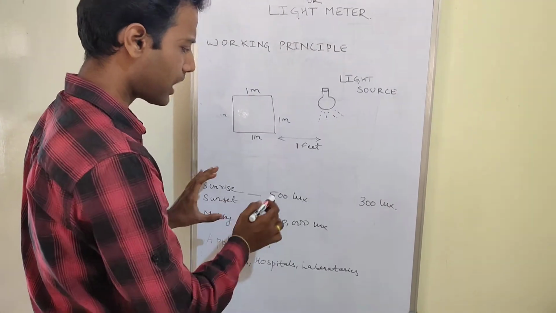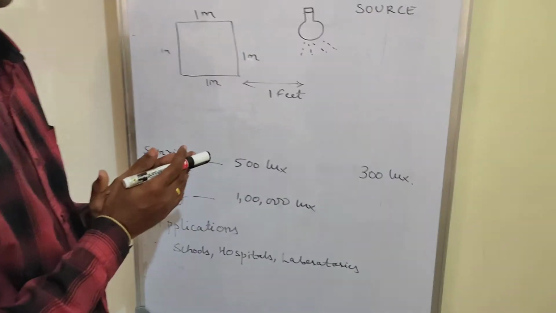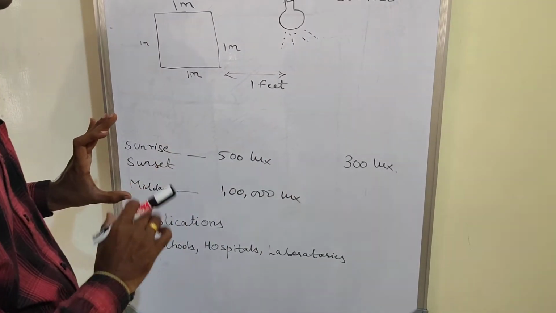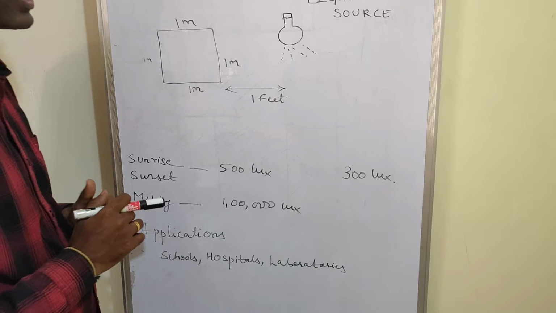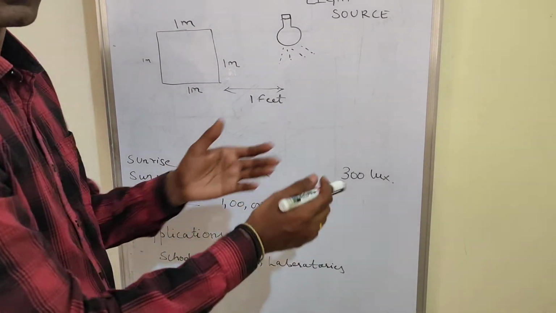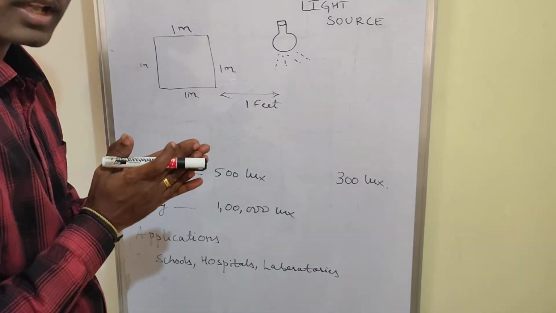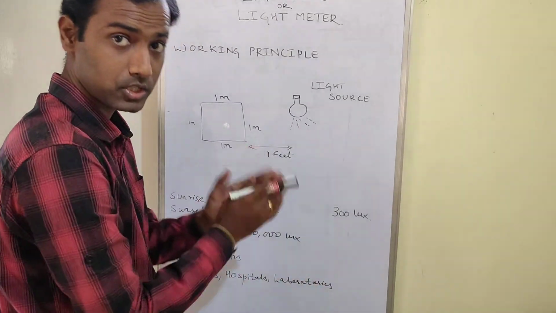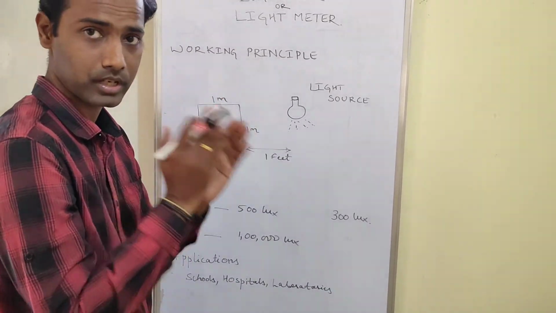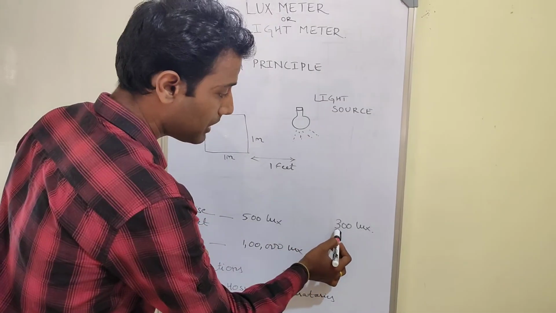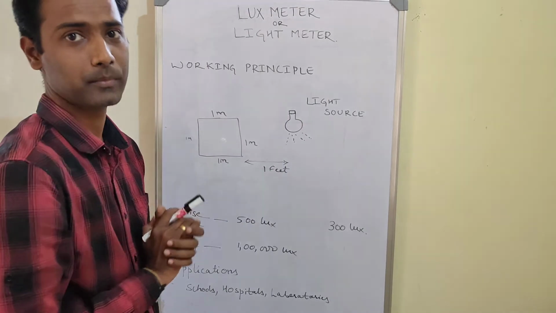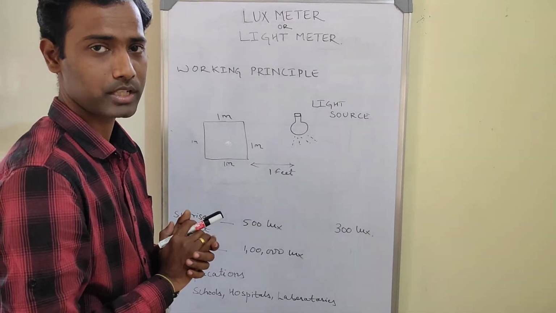These are approximate values, not accurate, but usually this will be the measurement. One more thing: if we are studying in a study room, the intensity which is a must for reading, because it requires a lot of strain on our eyes, should be a minimum of 300 lux, then only it will be good for studying. This is one thing I can tell you.